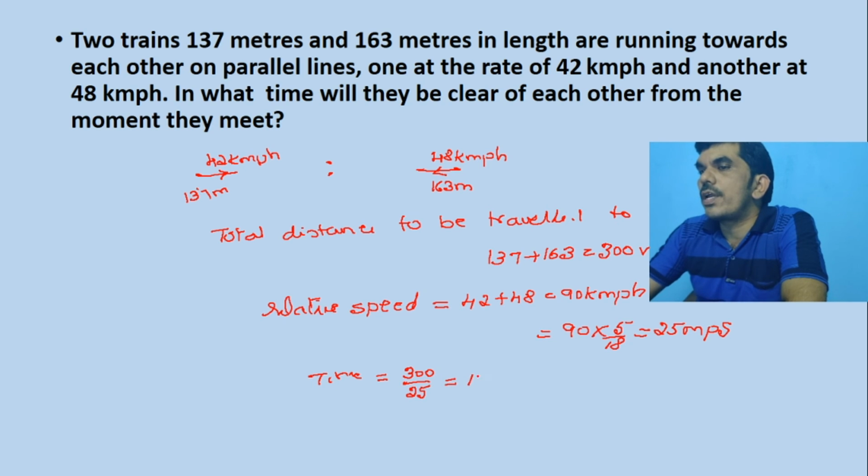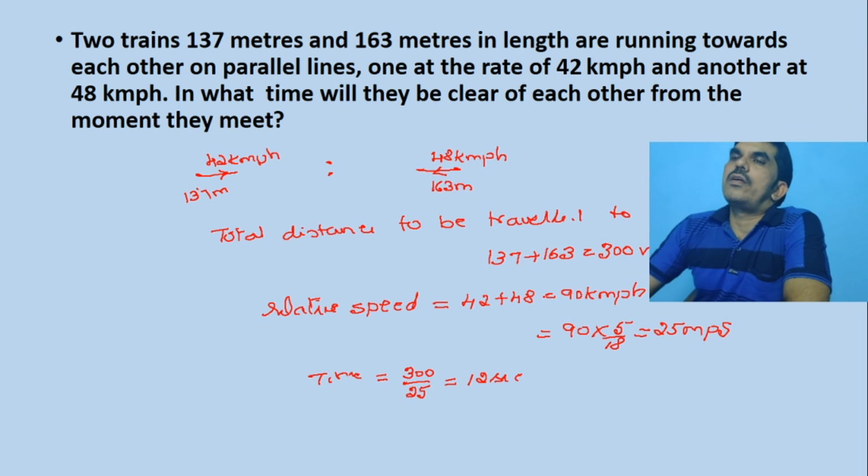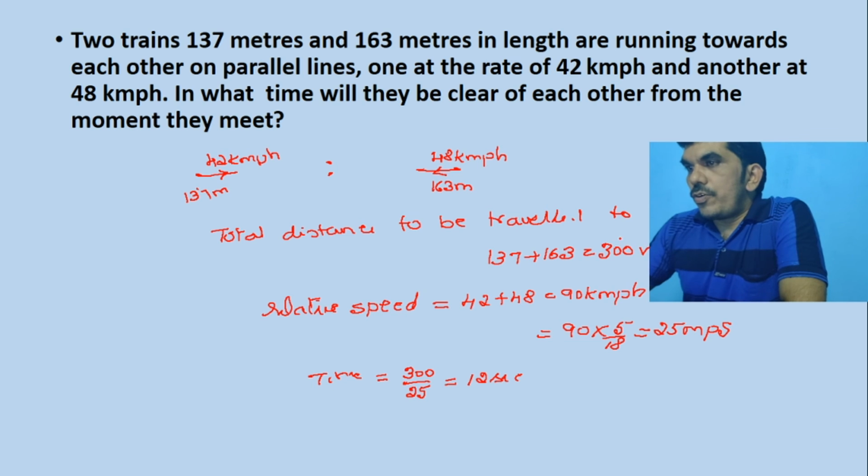So, it will take 12 seconds. As the unit of the distance is in meters, I need to convert the speed from kmph to mps. So, the time taken by the trains to cross each other is 12 seconds.